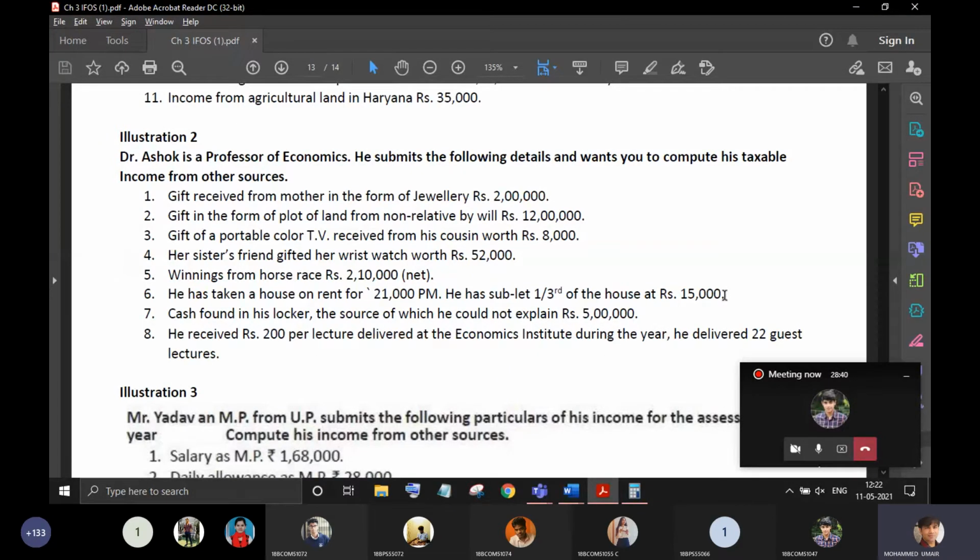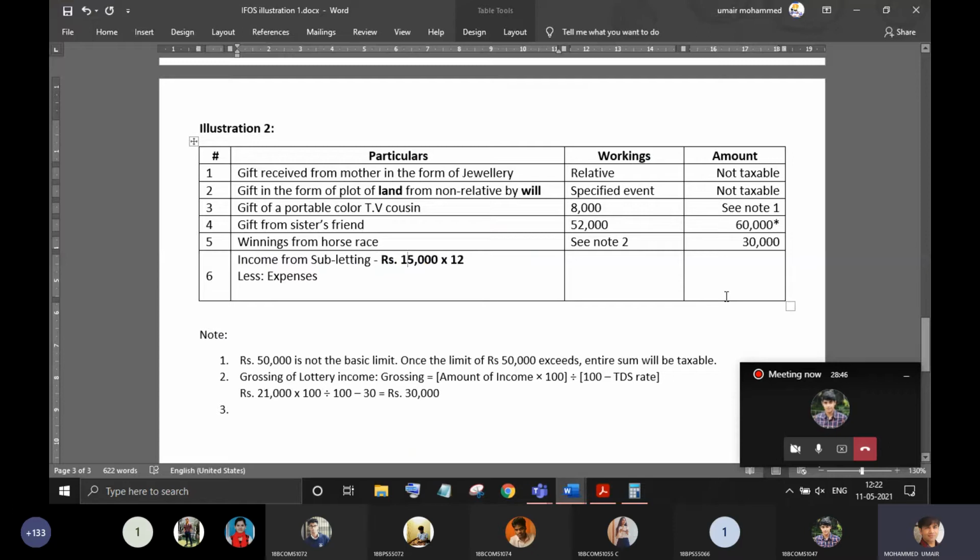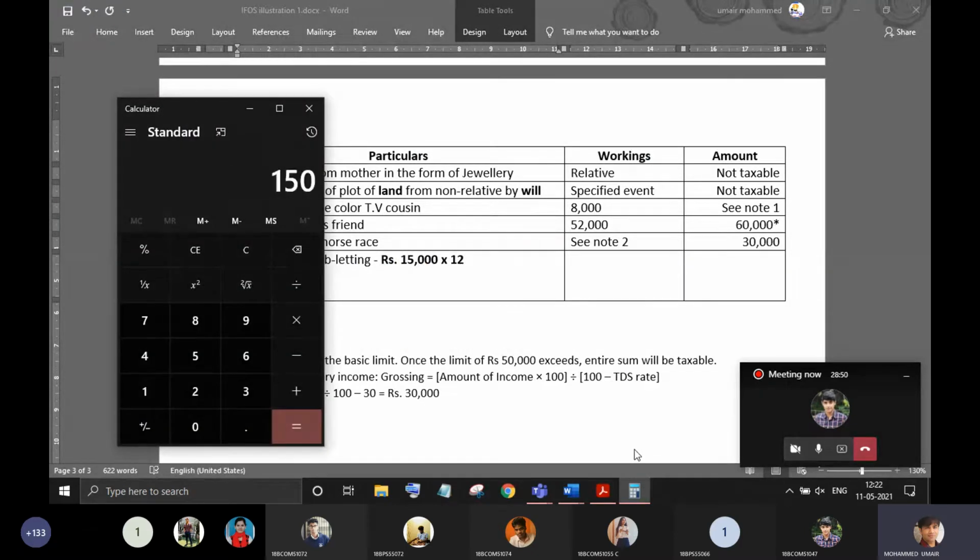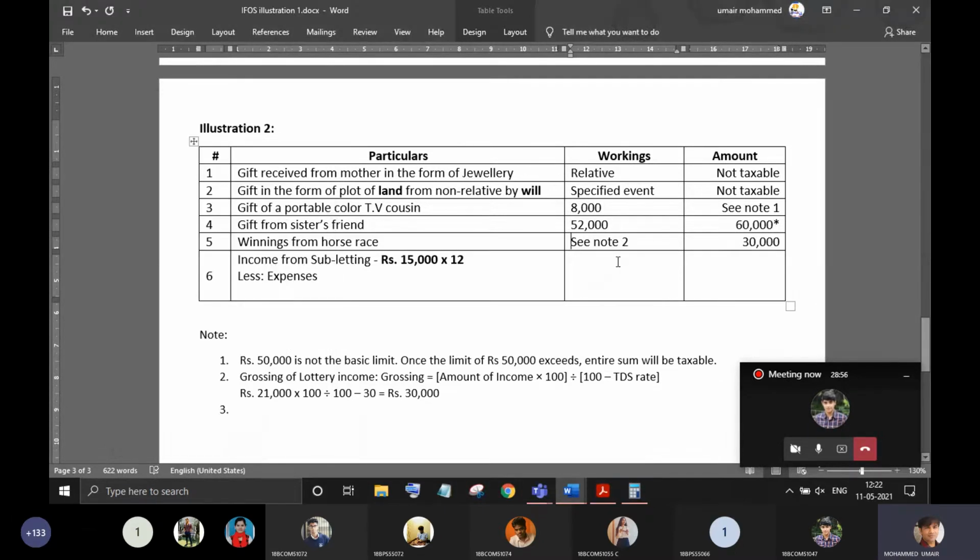Per month is not mentioned, so if you could make a note in your hand and just write per month. So this will give you 1,80,000. So that's the income which is being generated from the subletting.